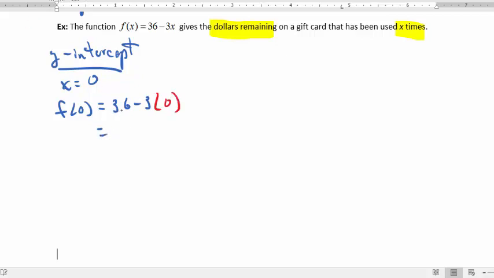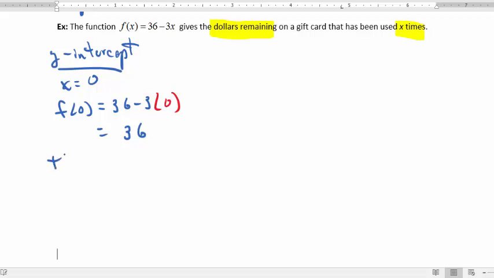So this is just going to be 36 minus 0, which is just going to be 36. So again, yes, this is going to work because x being 0 means it hasn't been used yet. So the initial or the starting value of the card. Because this is a y value, so it's the amount remaining.